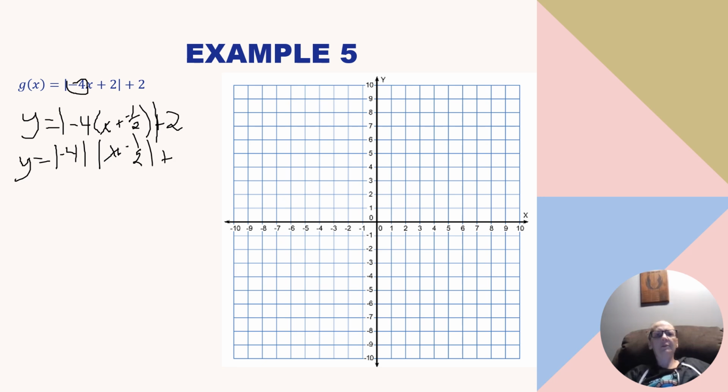And then we have the plus 2 still on the outside. And now we're almost done. We just got to figure out the absolute value of -4, which is just 4. And then we have x minus 1/2 plus 2 on the outside.